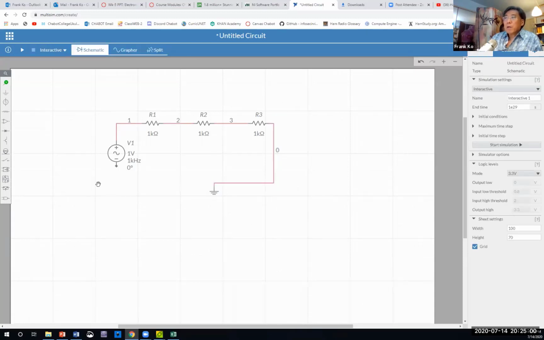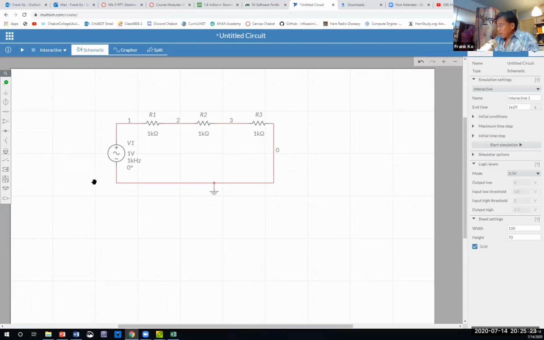Cool. And one more from here, hover, and come down and over and connect. Cool. Okay, so we have 3 resistors, we have a voltage source, and we have them in this sequence.